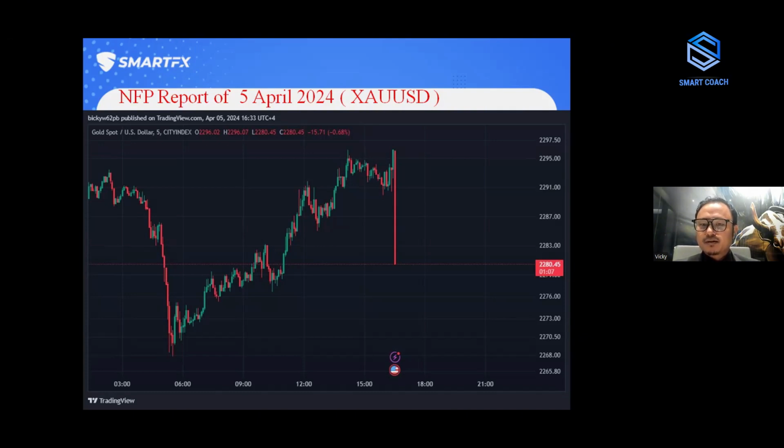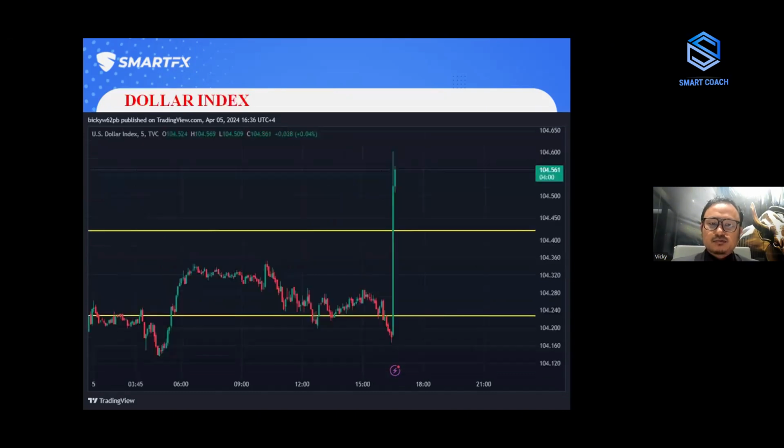Now the dollar index, same day chart. The dollar went up. You can see this dollar index went up by 4 pips. This is exactly what happened, inversely proportional.